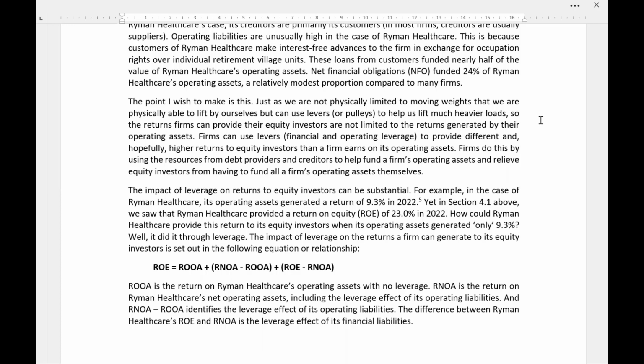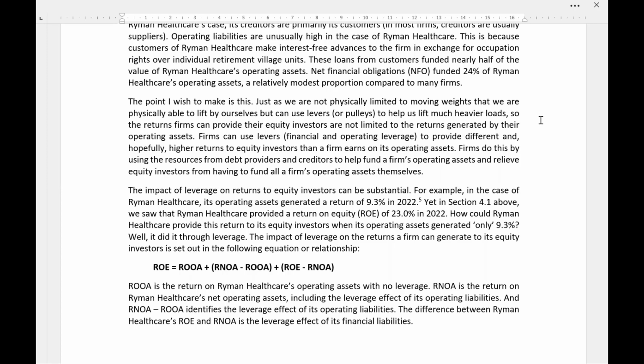Just as we are not physically limited to moving weights that we are physically able to lift by ourselves, but can use levers or pulleys to help us lift much heavier loads, so the returns firms can provide their equity investors are not limited to the returns generated by their operating assets.